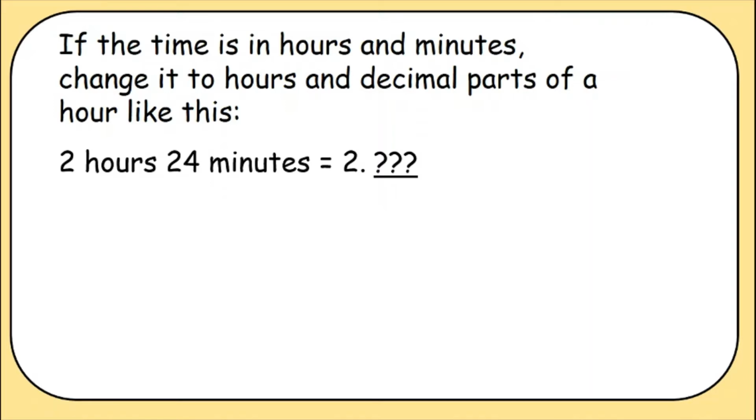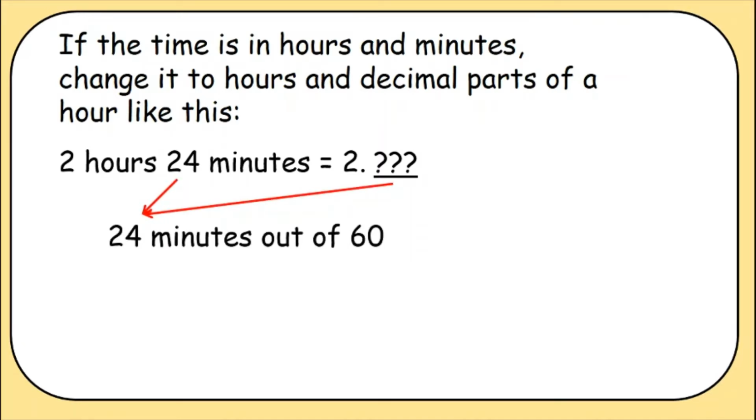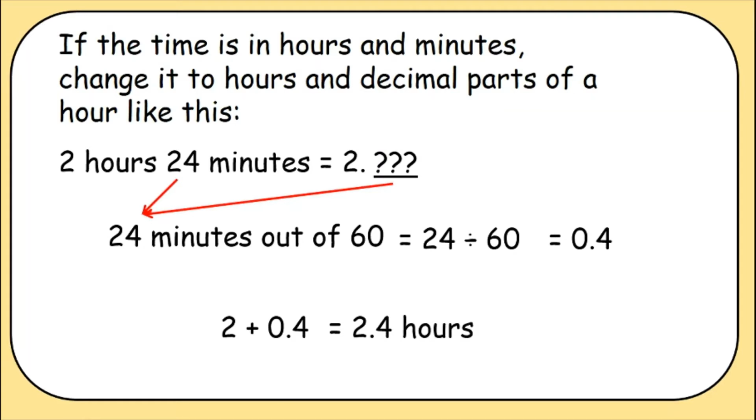Do what we did just a moment ago, take the 24 minutes that are left over, and divide it by 60 because it's 24 minutes out of 60, which would have made a whole hour. 24 divided by 60 is 0.4. So for this, what you need to have is your original 2 hours plus your 0.4 hours. So 2 hours and 24 minutes is 2.4 hours.